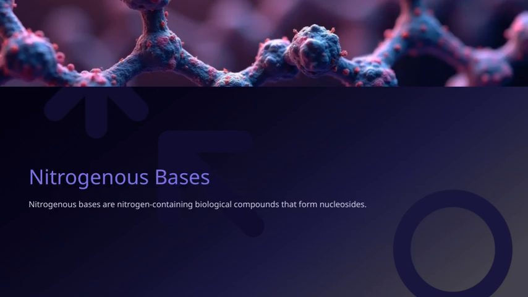Today, I want to talk about nitrogenous bases, which are essential components of our genetic material. These are nitrogen-containing biological compounds that play a crucial role in forming nucleosides. Essentially, nitrogenous bases are the building blocks that connect to sugars to create nucleosides, which then form the backbone of DNA and RNA. Understanding these bases is fundamental because they determine the genetic code and influence how genetic information is stored and transmitted.